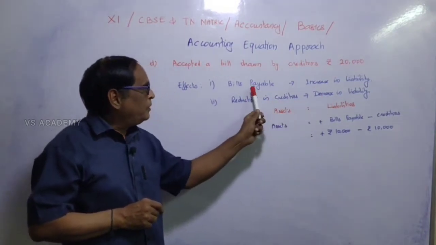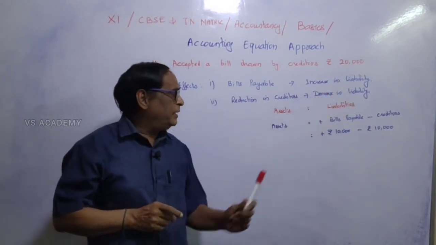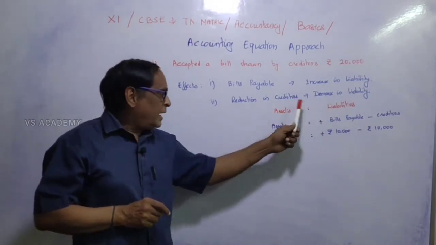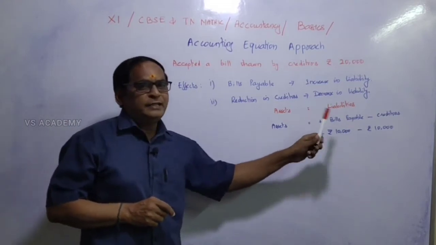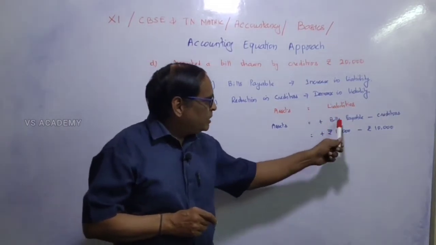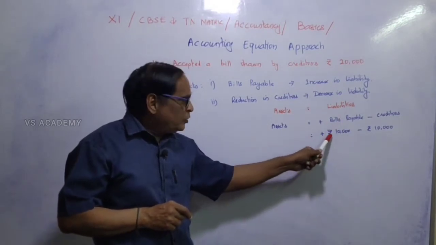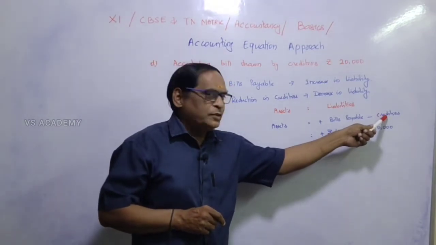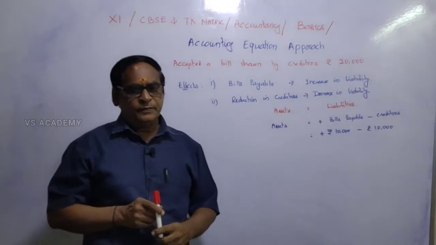So bills payable is an increase in liability and creditors is a decrease in liability. What is the equation? Assets equal to liabilities. There will be no effect on the assets. But internal adjustments will be there between bills payable and creditors. So bills payable, that is a liability, increased by plus 10,000 and then the creditors amount has been reduced by rupees 10,000. So plus 10,000 minus 10,000 is nil.